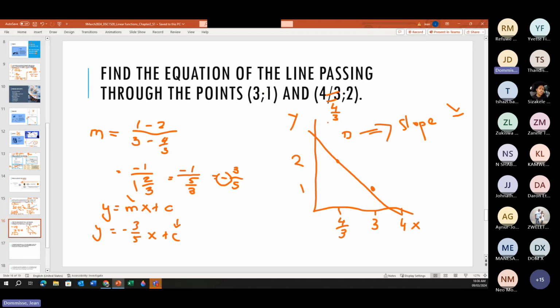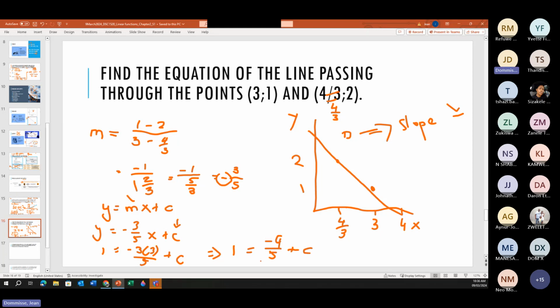Okay, so I don't want to work with more fractions, so I will put in the 3 and 1, even though we are going to work with a fraction, but then at least it is one fraction, not two. So substitute the 3 into x and substitute the 1 into y. So now we sit with 1 is equal to minus 9/5 plus c.